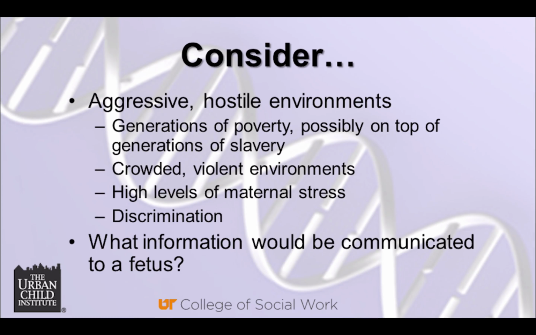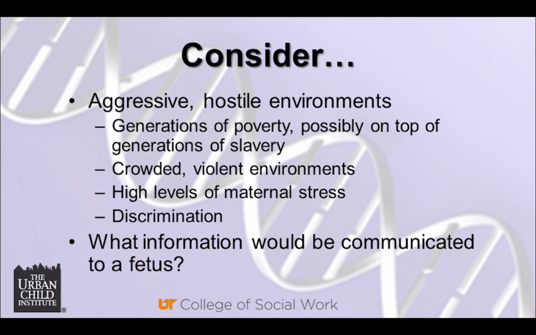Crowded, violent environments can go on for generations, and they change gene expression because of the normal physiological response to such environments. High levels of maternal stress affect how mothers parent their children. They also affect their experiences during pregnancy.